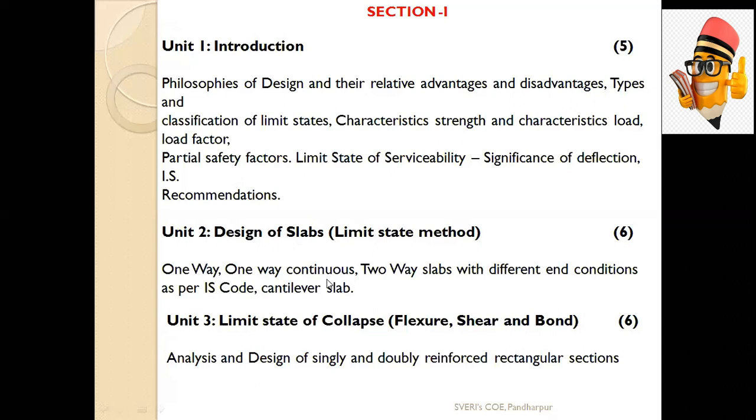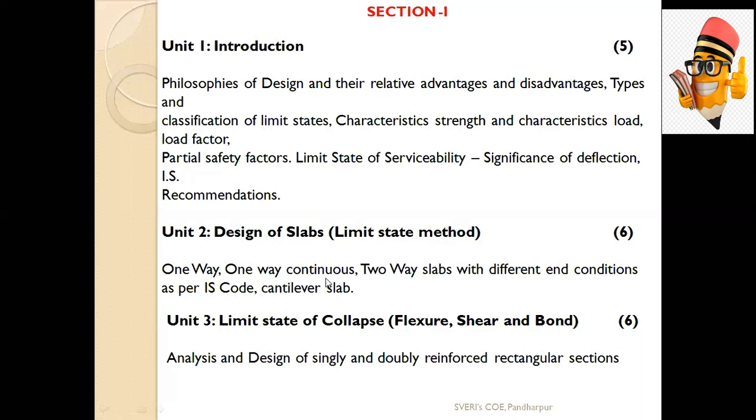The terms you will come across: main steel, distribution steel. What are the different end conditions? In the IS code, table number 26 and table number 27 give different conditions for designing the slabs and different coefficients to calculate the bending moment. Based on that, we are going to design the slab.